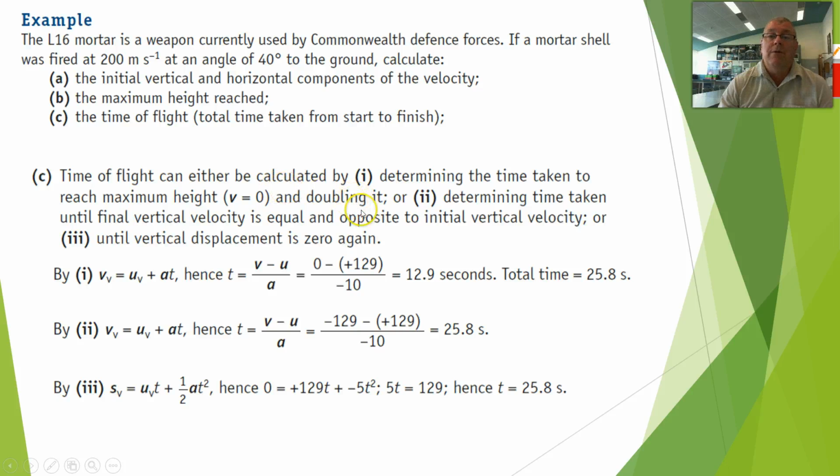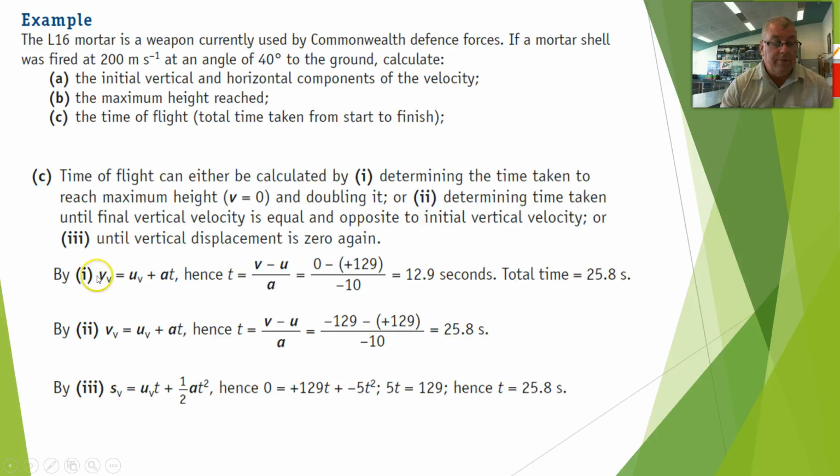If you're confident in doing that, you can have a go at the second way, and that is determining the time taken until the final velocity is equal and opposite to the initial vertical velocity. And finally, there's a third way, which I generally don't recommend, but you can have a go at it: the time of flight can be calculated by when the displacement is equal to 0 again. So you say s equals 0.